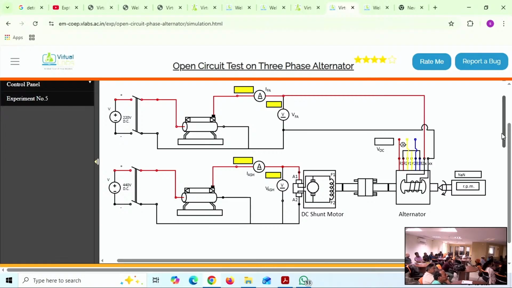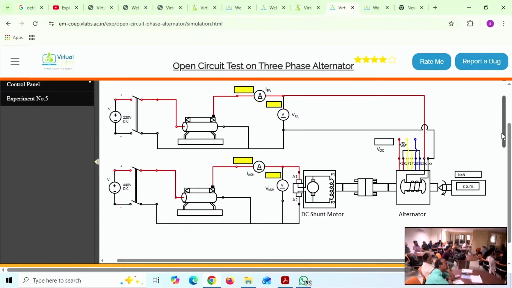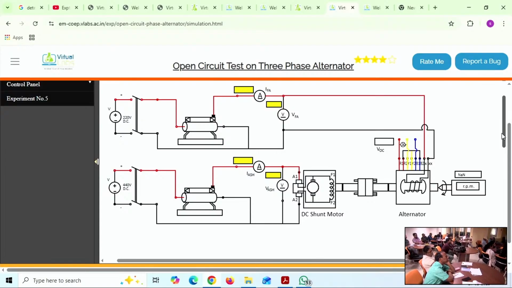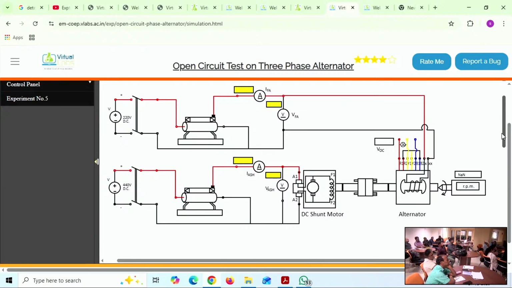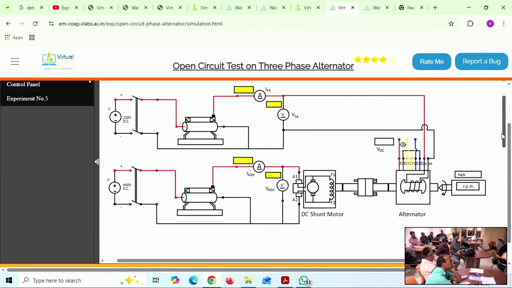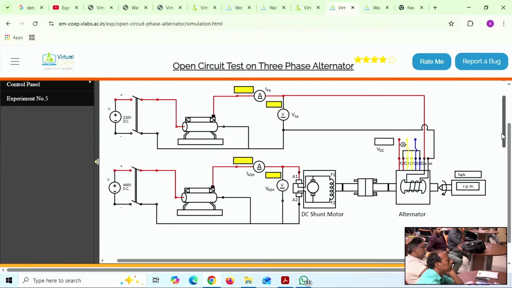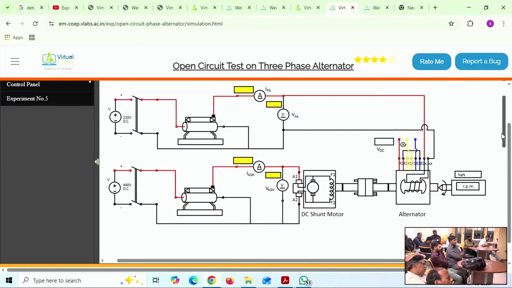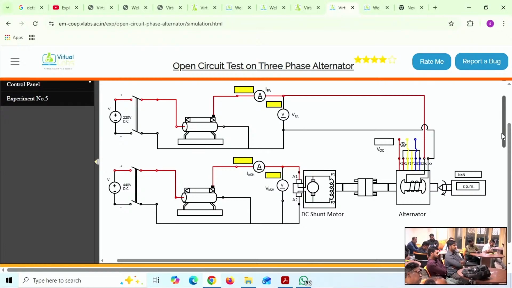Thereby VOC by ISC, we will get ZS. From there, with the measured armature resistance RA, the square root of ZS squared minus RA squared will give XS. Substituting that into the V, I, cos phi formula seen yesterday, you will finally get the result. That is okay theoretically. What is the sequence of operation?